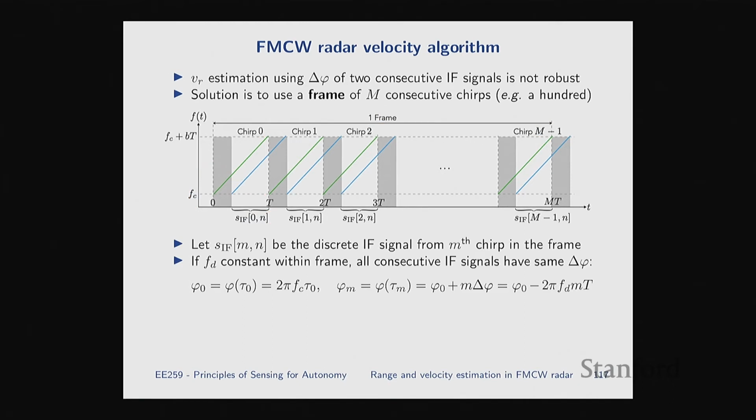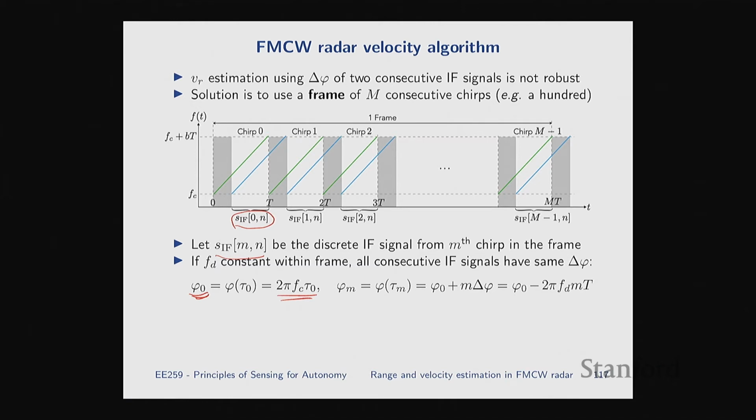Now, if you look at the phases of these SIF of m and n, the first one, for m equals 0, let's call the phase of that one phi 0. That's our reference phase, the phase at the start of the frame. It's equal to 2 pi fc tau 0.